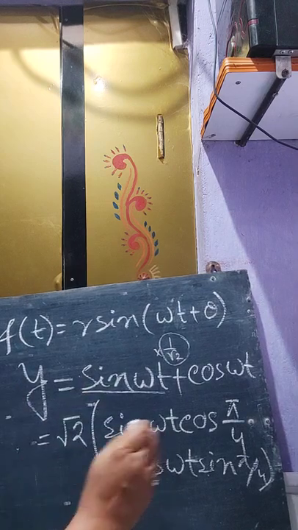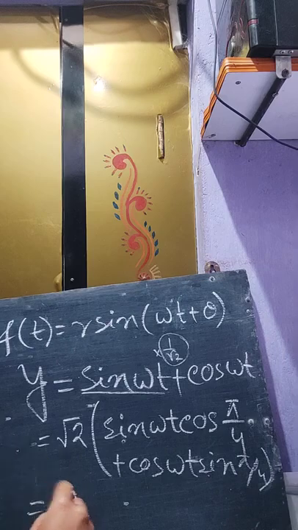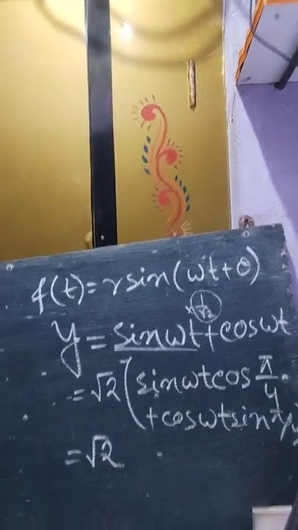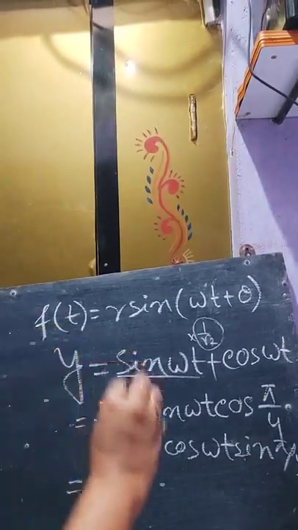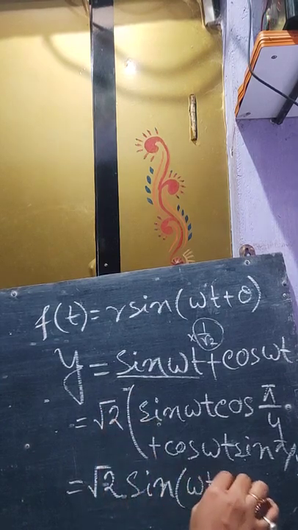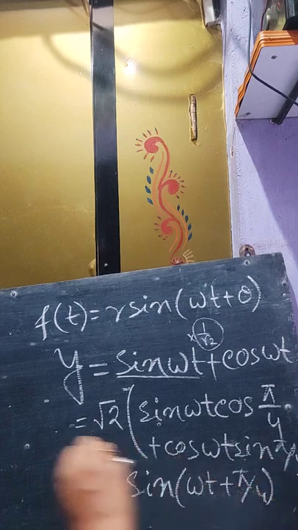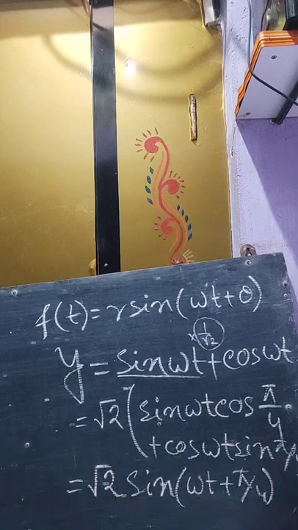Therefore, this expression can be written as root 2 sin (omega t plus pi by 4). Okay, I can write this.